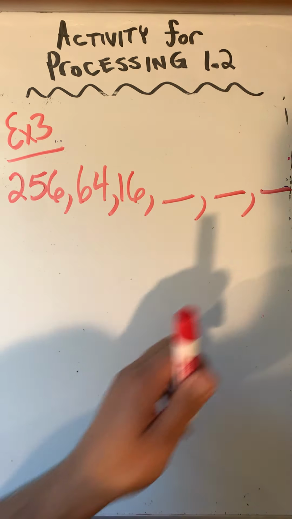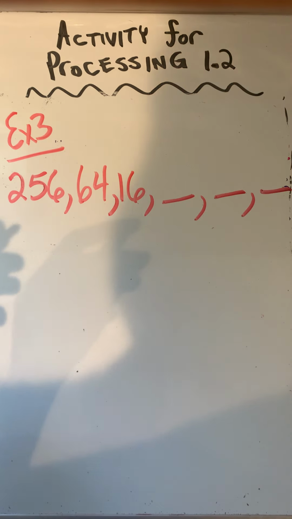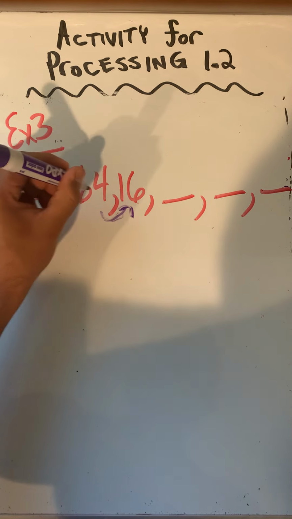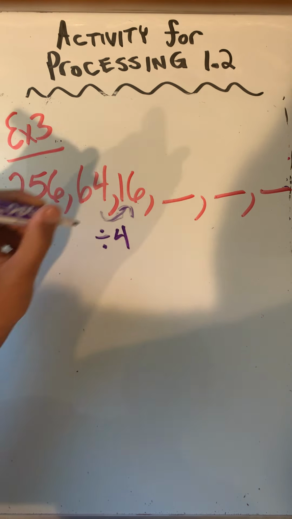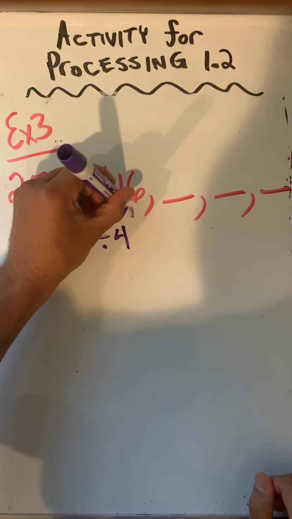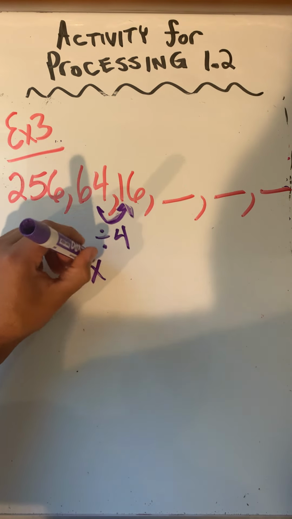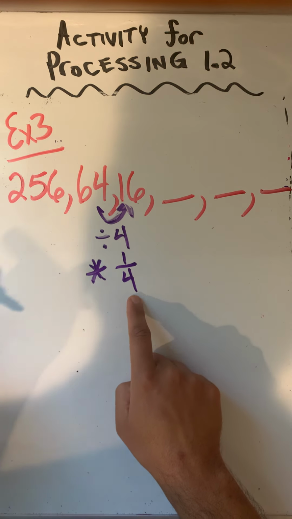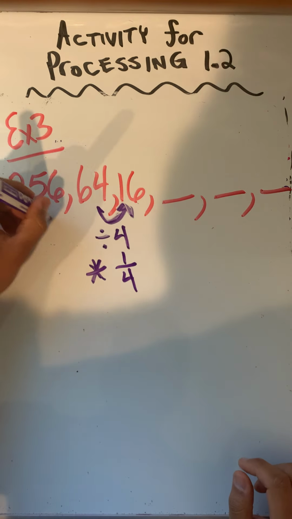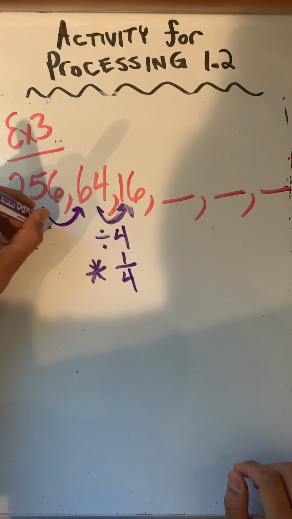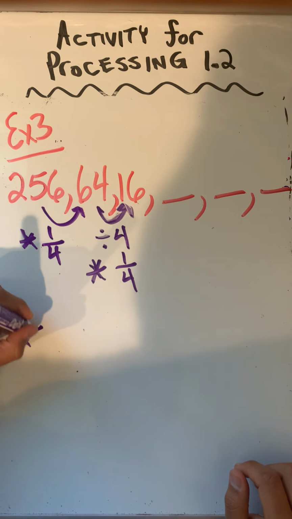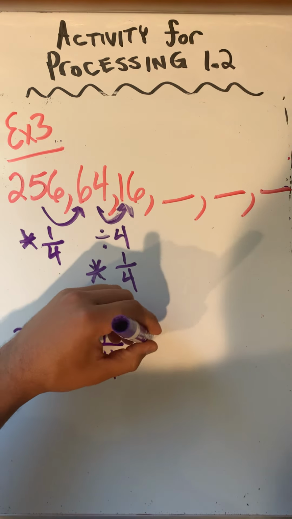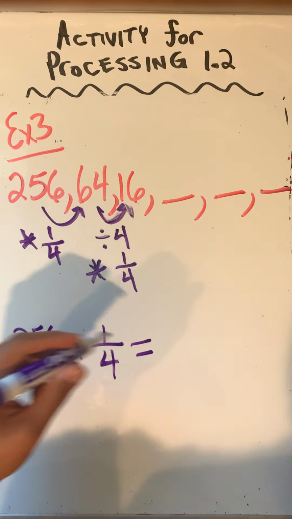All right, I'm going to continue though. I'm actually going to do a little cheat here. I know that 64 divided by 4 is 16. I don't know why I know that from memory, but I do. So that means I'm multiplying by a growth factor of 1/4. This time I'm going to try it over here. Does this work if I multiply by 1/4? So 256 multiplied by a growth factor of 1/4. Does that give me 64?